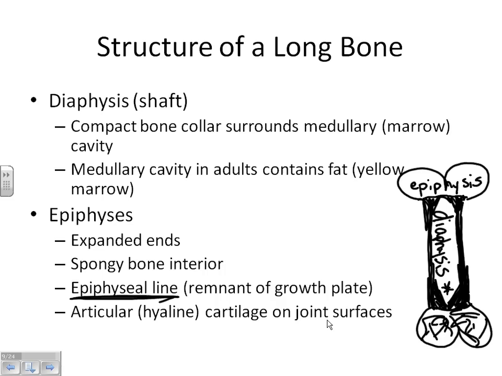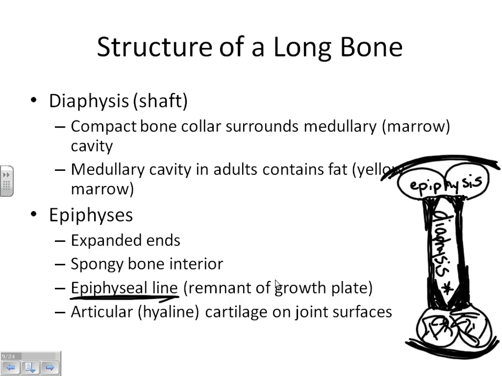That's the big place we store our triglycerides, our fat. There is some red bone marrow left in the epiphyses, but that's not the major place we have red bone marrow. I'll show you that in just a few minutes. Okay? Right now we're just talking about long bones. Okay? Someone said it, but just to make our picture complete, I need to draw a piece of cartilage up here, right? And a piece of cartilage down here.